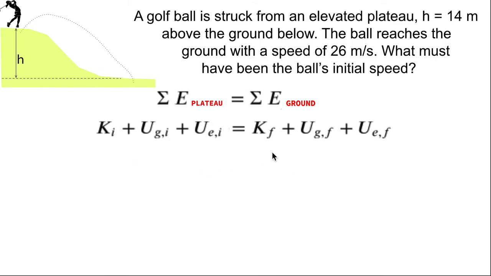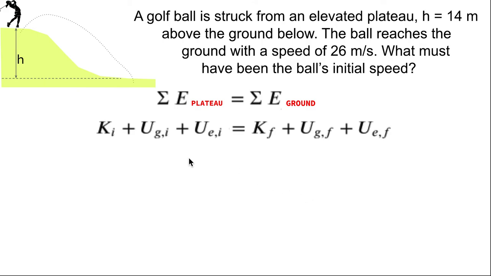Kinetic energy at the end, yes, there's a speed at the ground of 26 meters per second. Again, don't be thinking about the fact that it'll hit the ground and stop or it'll bounce. Yes, afterwards. We're just talking about this little chapter of the story as the ball goes from the plateau to the ground.